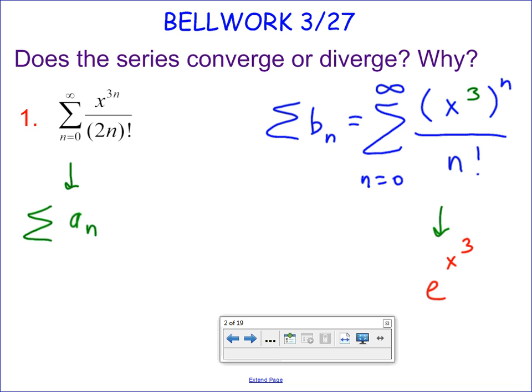If we let our original be the series, the sum of a sub n, we can say that it is less than or equal to our b sub n series, which converges to e to the x cubed for all real x, guaranteeing that the original also converges by direct comparison test.